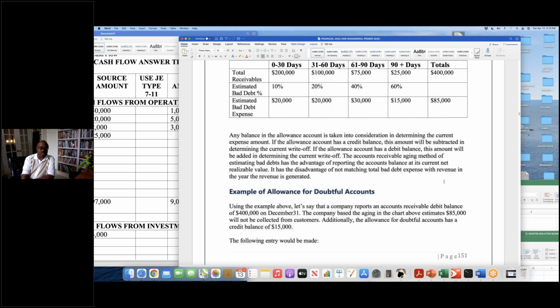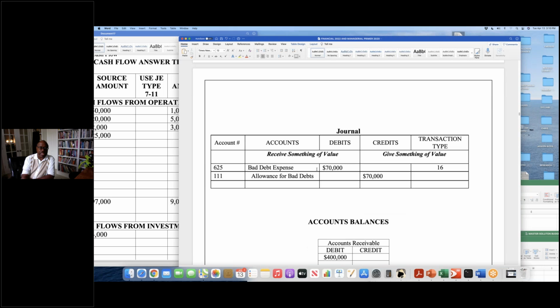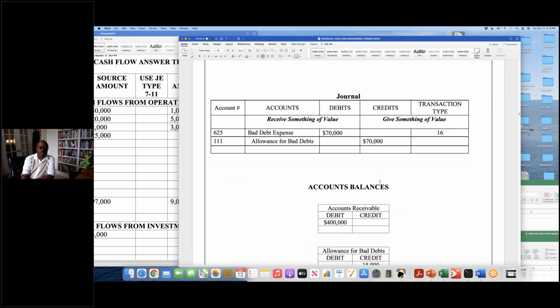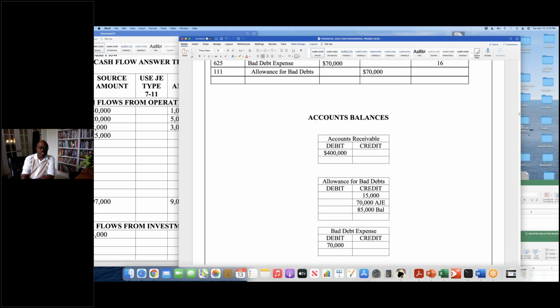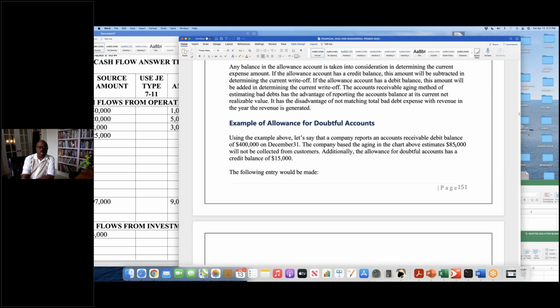So when we age the accounts, we debit bad debt expense and credit the allowance. But in aging, we're gonna take into account the 15 that's already there. So when we aged them, we came up with 85,000 as what we thought would be uncollectible.